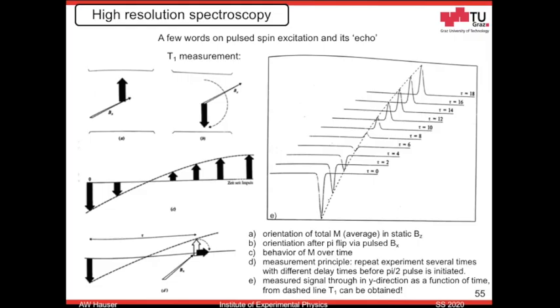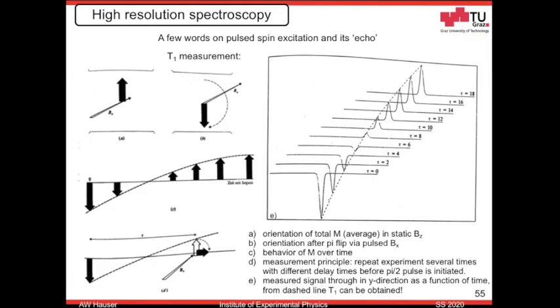What is going on? Obviously this is an excited state which will relax, and this is the time that we're interested in, this time T1. It will relax to its original ground state, which is the state where the magnetic moment is aligned with the BZ direction. Now, what are we measuring?